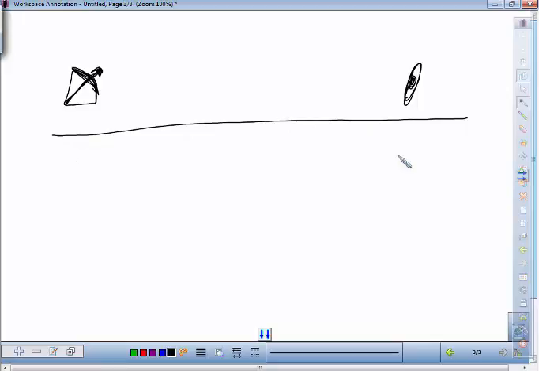And you're trying to hit it. So we'll use the same 1.5 meter height. And then let's put the target at 30 meters away with a height maybe 1 meter up.